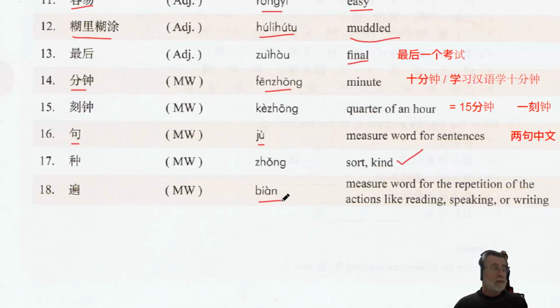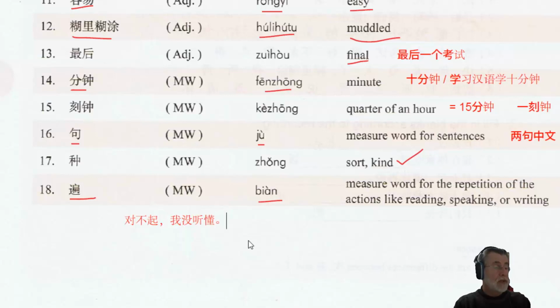This last one, 遍. Now you guys may or may not remember, again in the Chinese island lessons, when you have said something to one of the virtual characters and they haven't understood, they will say to you, 对不起，我没听懂.